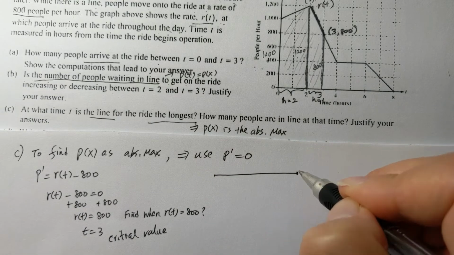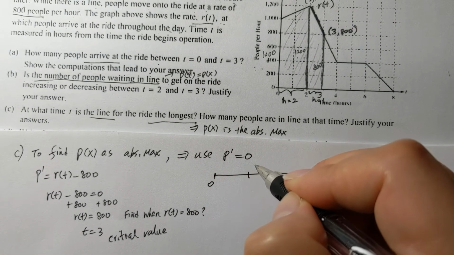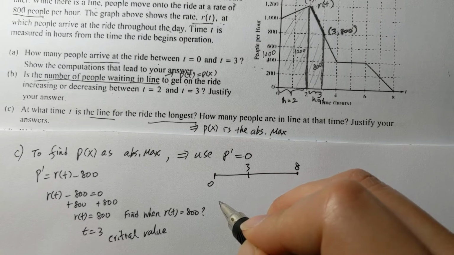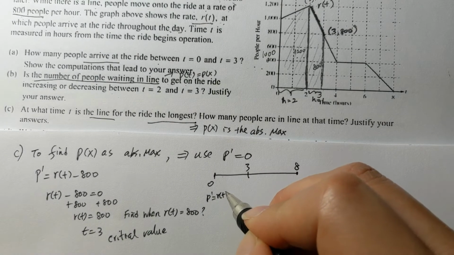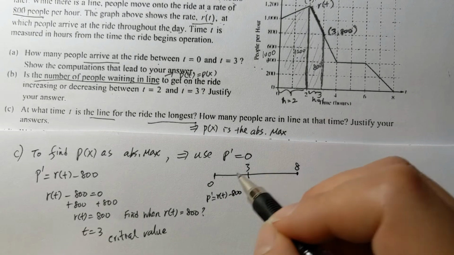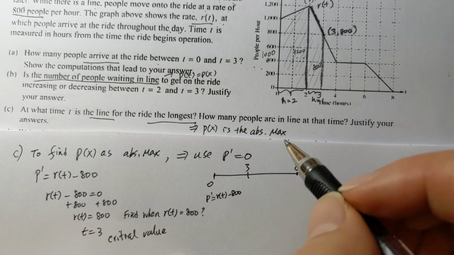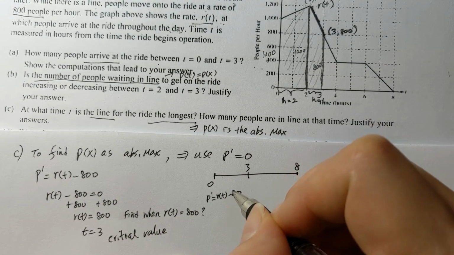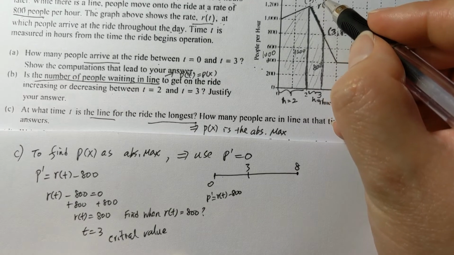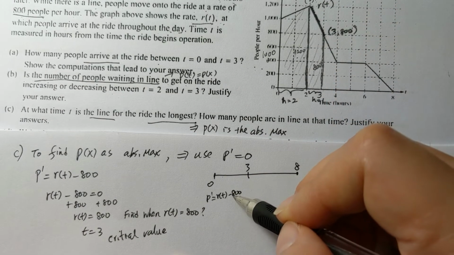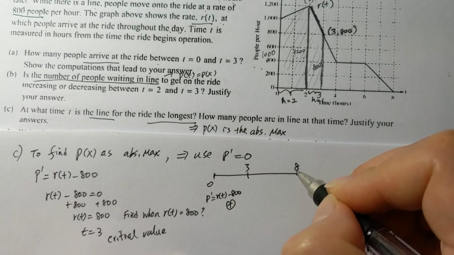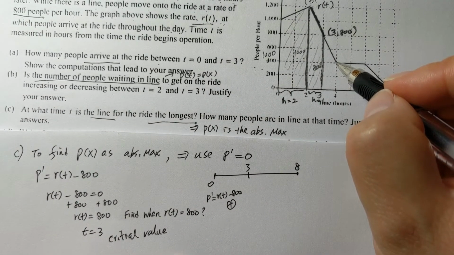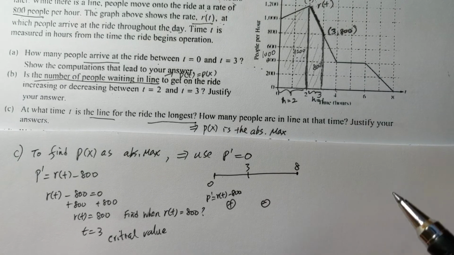Now we're going to do a little bit of a side chart. So we got 0, and then we got 3, and then we got 8. Let's take a look at P prime, which is R(t) minus 800. Pick a number between 0 and 3, let's say 2. At 2, you get 1,200 and subtract 800, so it's positive. Let's pick a number after 3, let's say 4. You got 400. 400 minus 800 is negative.